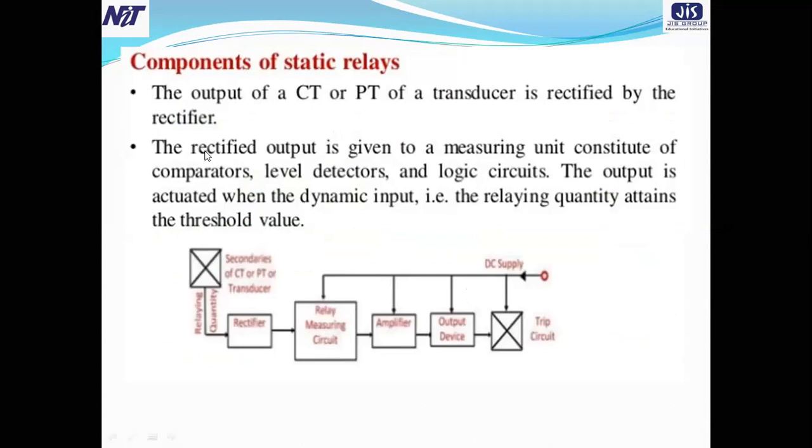The rectified output is given to a measuring unit constituted of comparators, level detectors and logic circuits. The output is actuated when the dynamic input, that is the relaying quantity, attains the threshold value. So the CT and PT have a great role in this type of static relay.